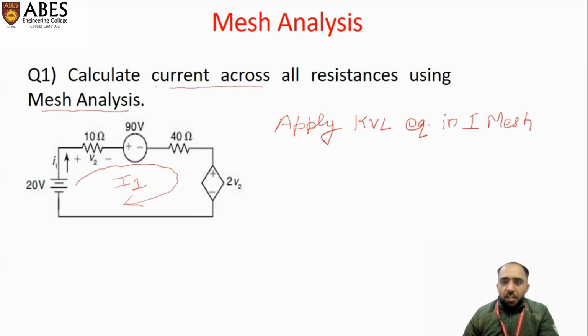While applying KVL, one thing you need to remember is that you should know the polarity. Likewise, this is plus, this is minus, this is plus, this is minus. Again, plus minus is written over there. Here, plus minus is not written. I am writing plus and minus as per the direction of current.